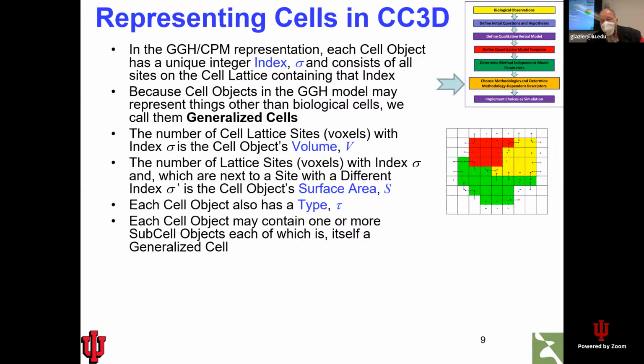It could represent a region of a biological cell, like its apical surface or basal surface. It could represent a structure inside the cell, like the nucleus of the cell, or it could represent something more abstract, like a volume of fluid, if we wanted, or a volume of a solid material. But in any case, cells come packaged with volume, surface area, and type. Those are intrinsic properties.